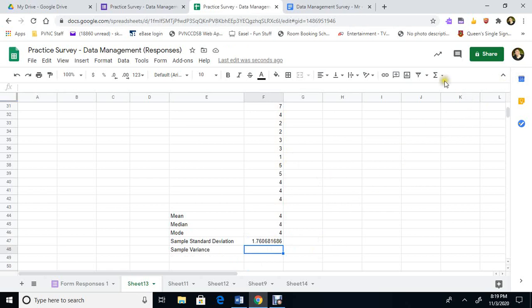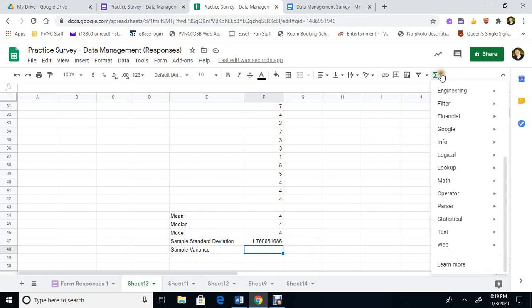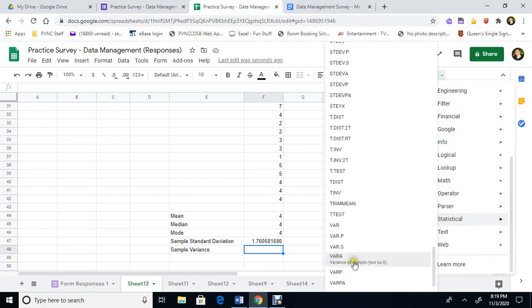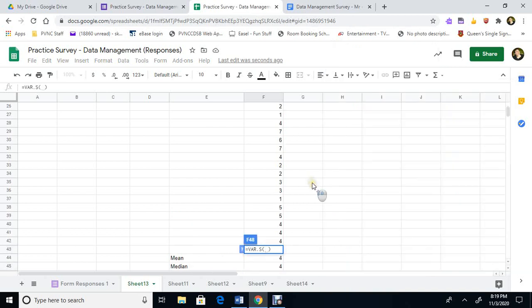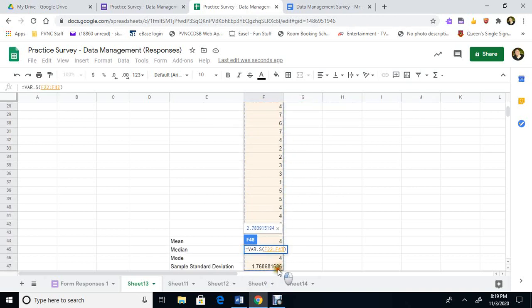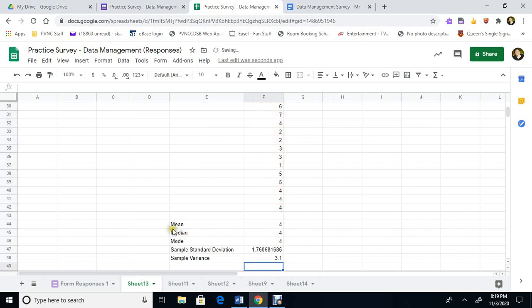And then the next one, I'm going to do the sample variance. So I'll go here, again statistical, and I'll go to sample variance, but the sample one is this one here, variance with the S at the end. I click here, highlight all this data and hit enter. I've got all of my information.